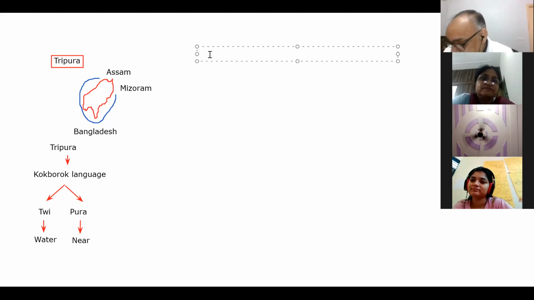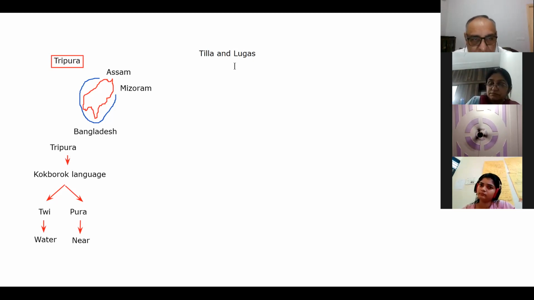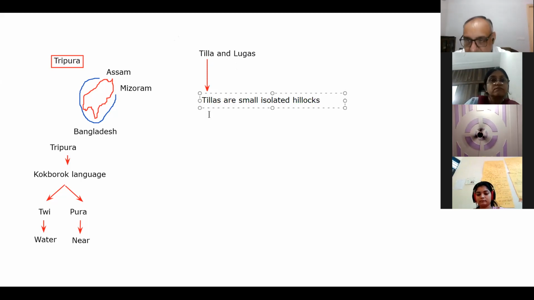So the next thing is, beta, there are two important terms which they use. One is tillas and the second is logas. What do we mean by tillas? Tillas are small isolated hillocks, means small isolated hills.